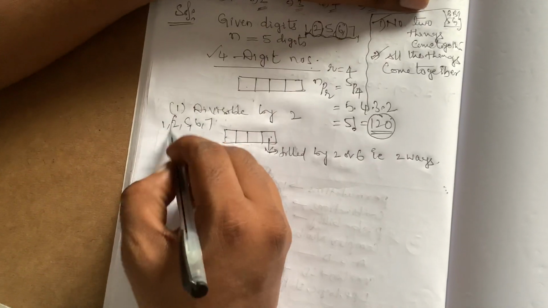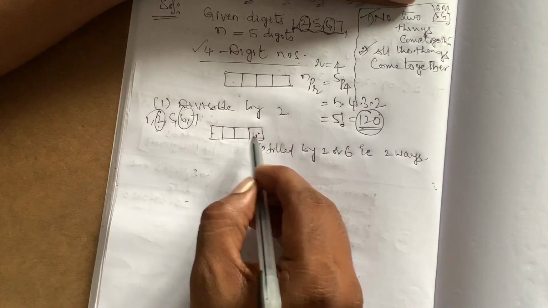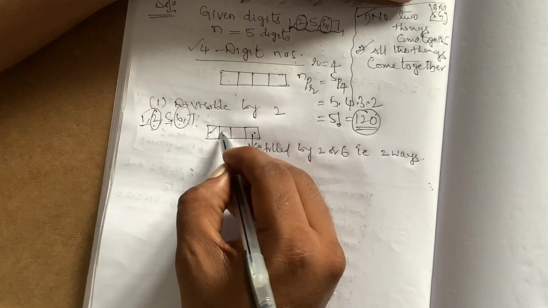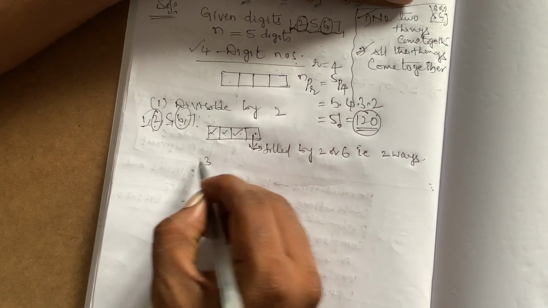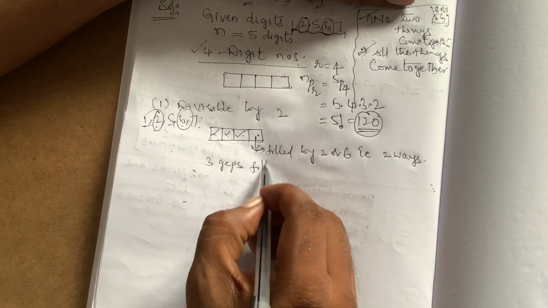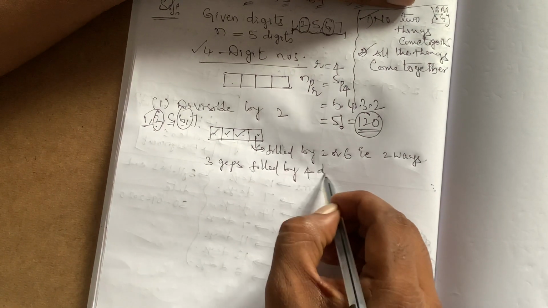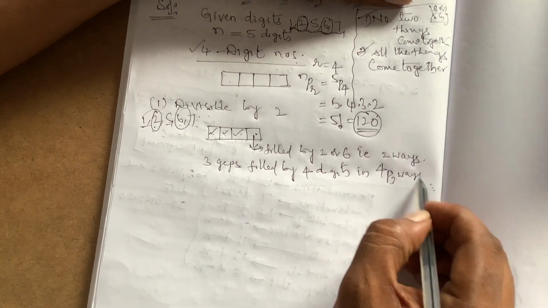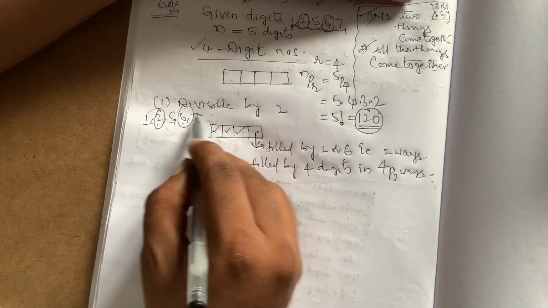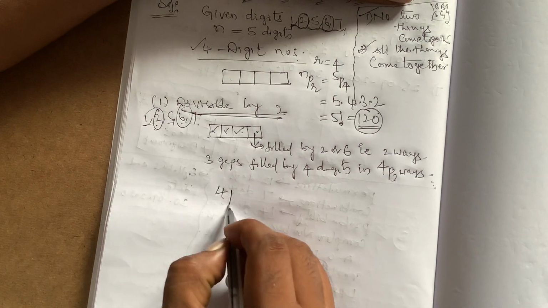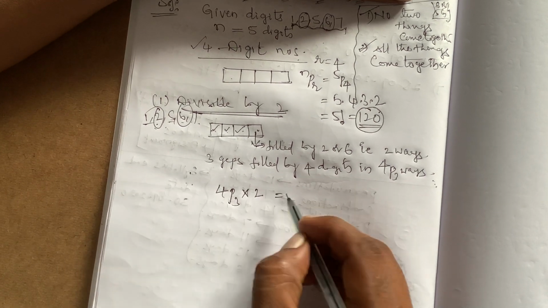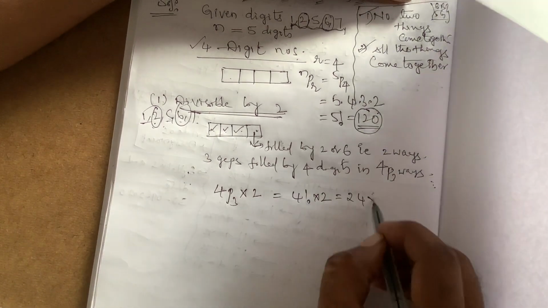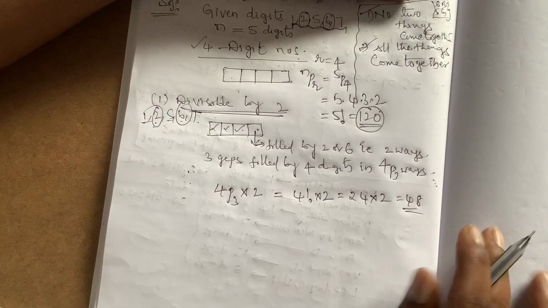If you fill one digit here, 4 digits remain and 3 gaps remain. So 3 gaps are filled by 4 digits in 4P3 ways. Therefore the total numbers divisible by 2 is 4P3 into 2. 4P3 is nothing but 4 factorial, which is 24, into 2, equal to 48.